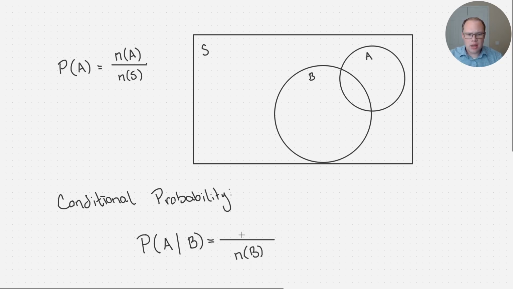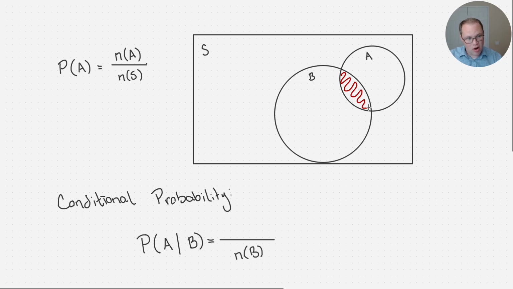And in the numerator, we want to count the number of outcomes that we are interested in, okay? That's no longer all the outcomes in event A, because there are a lot of outcomes in event A that are no longer possible. Only these outcomes in event A are still possible, okay? Now that should look familiar. We just talked about that.